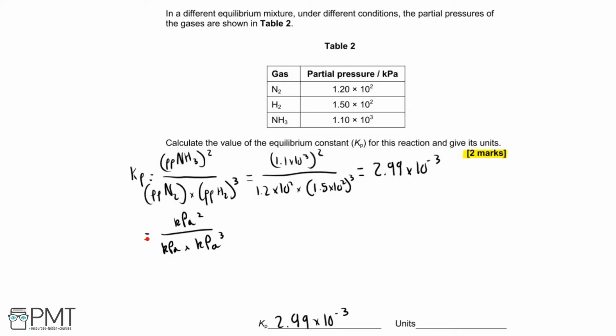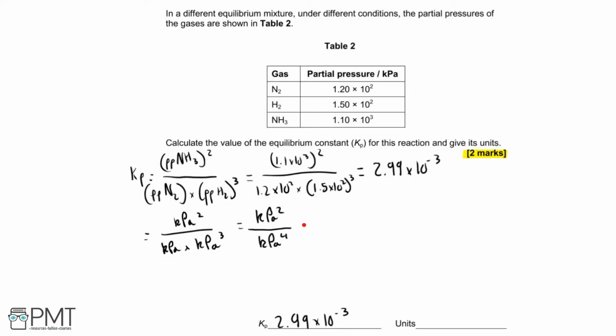We can then start to simplify this down. So we can simplify the bottom of the fraction first. So we're going to have kilopascals squared still on the top. On the bottom, this kilopascals times kilopascals cubed is going to become kilopascals to the power of 4, as we add the indices when we are multiplying the same unit together.